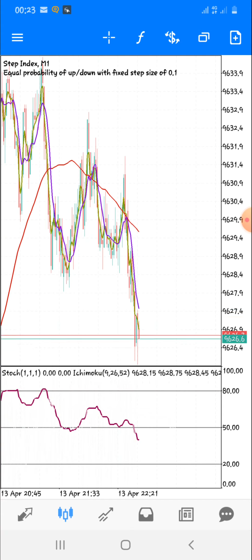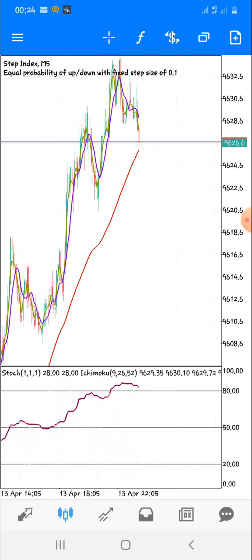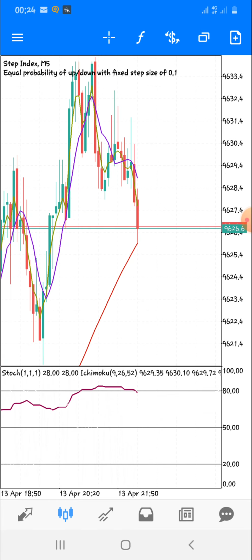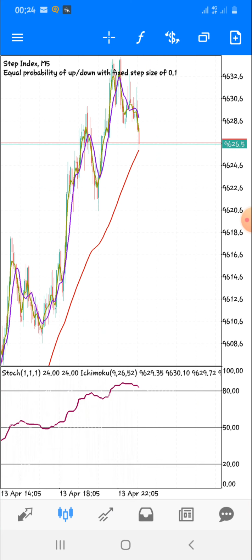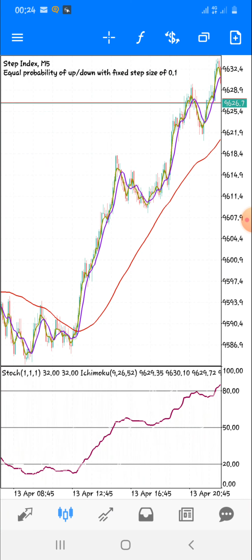But on the 5 minutes time frame, you'll always be on the safer side. If the conditions agree with you, then you can click a buy or a sell.